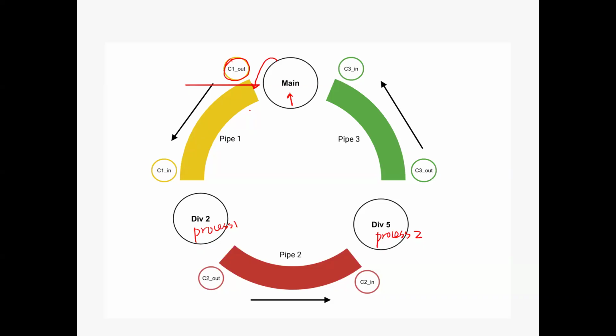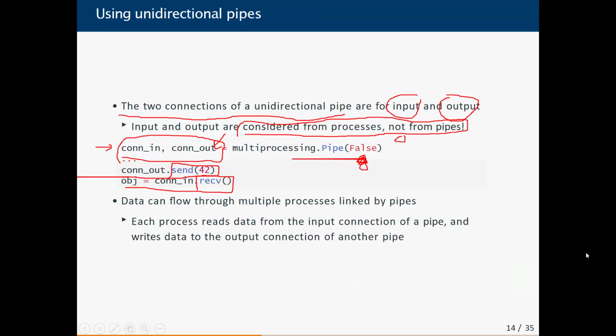That's why the C1 output of a pipe is getting the output data from the previous process, and the input of the pipe is used to input data to the next process. That's what is written here: the input and output are considered from the process side.